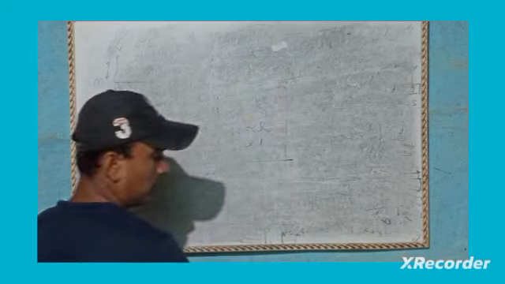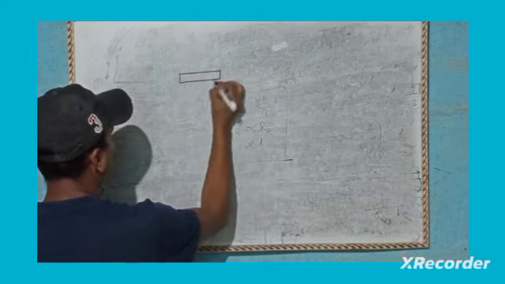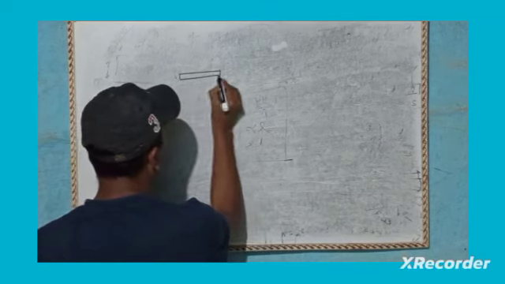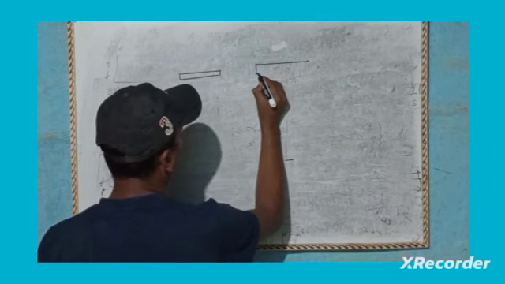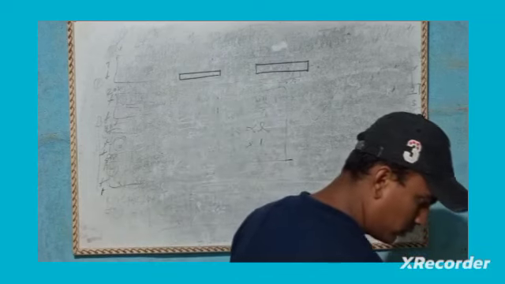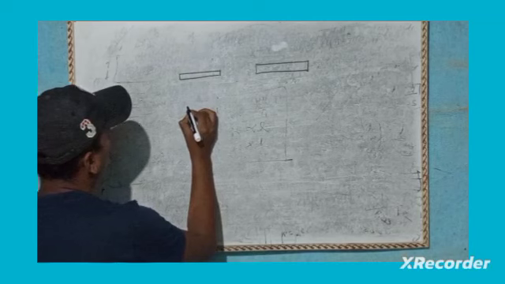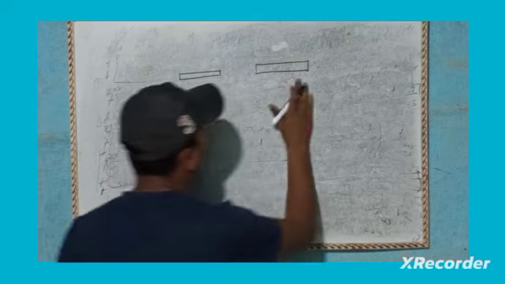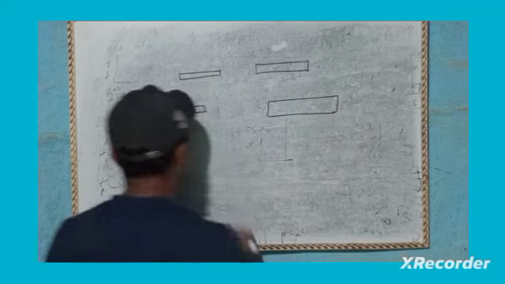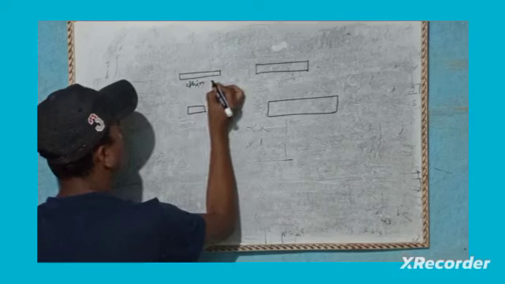Another problem: suppose it is a thin wire, and this is a thick wire. Another problem: thin, thick, and short. It is a thin wire.